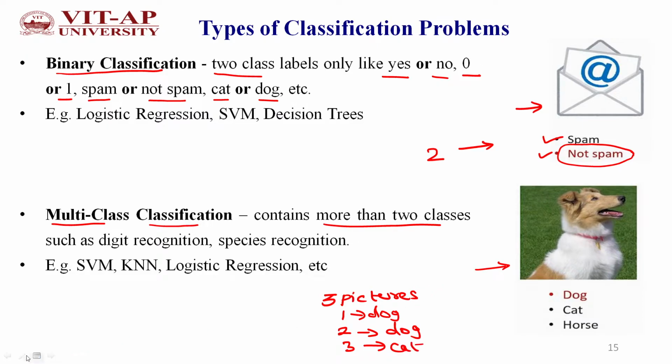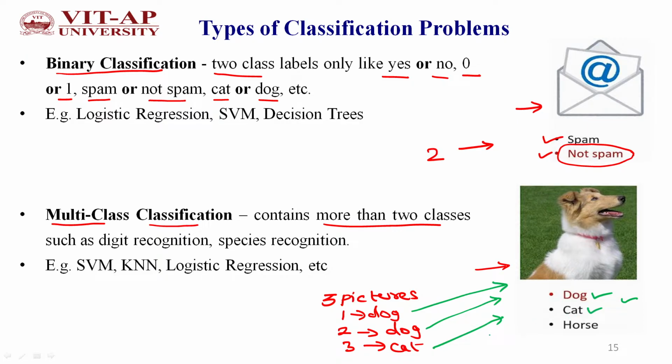If I pass the first picture into our model, it classifies it as dog. The second picture, again dog. The third picture is classified as cat.